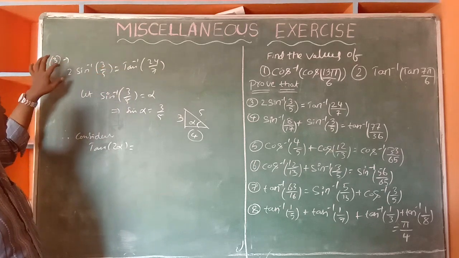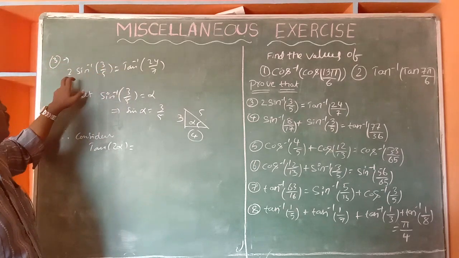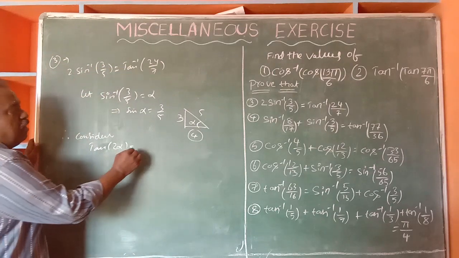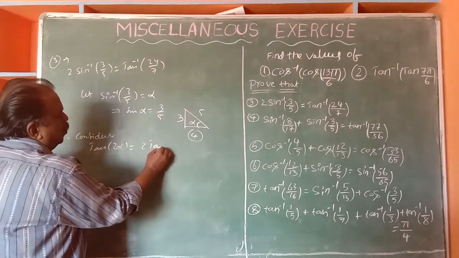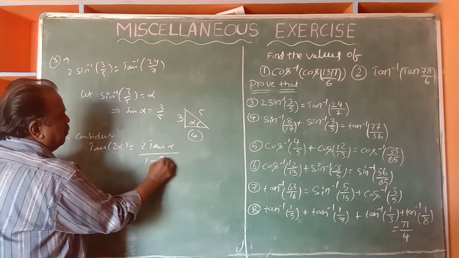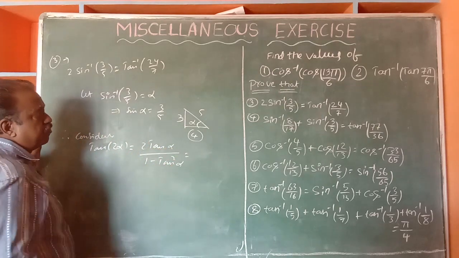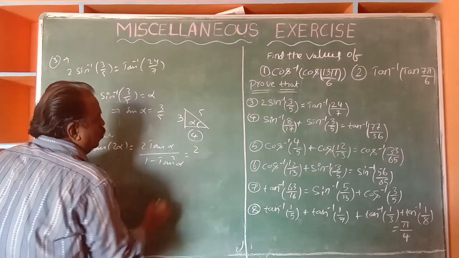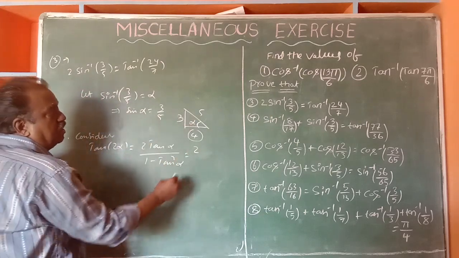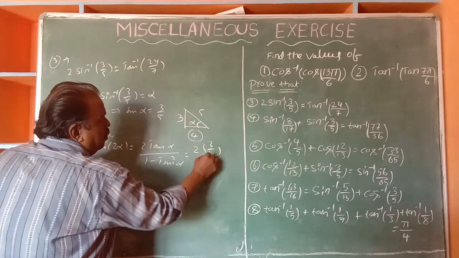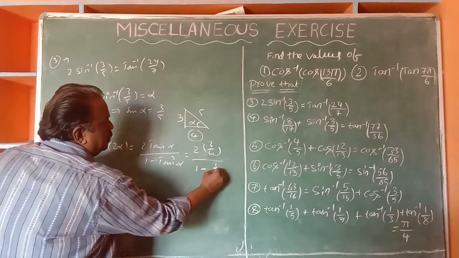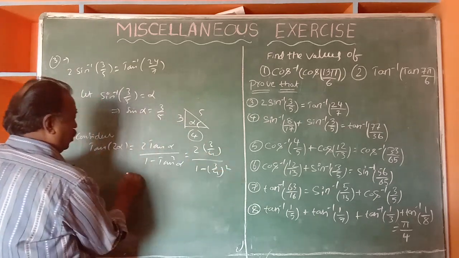Tan 2 alpha is 2 tan alpha by 1 minus tan square alpha. What is tan alpha in this triangle? It is 3 by 4. So 2 into 3 by 4 by 1 minus 3 by 4 whole square.